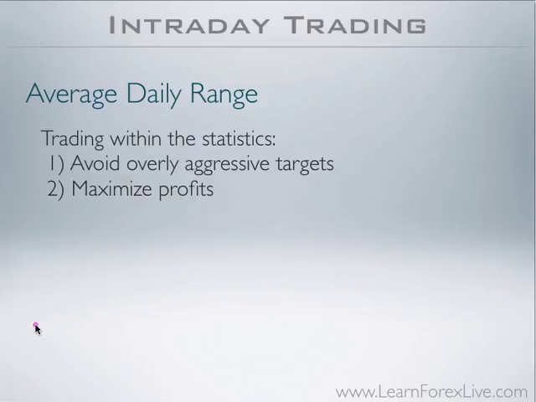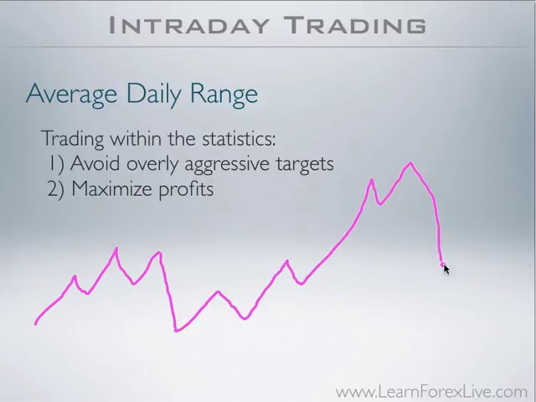What you do is you simply pick the last X amount of days. I personally pick the last 7 days. Some traders prefer to calculate the average daily range based on the last 14 days. Again, my personal recommendation is just to pick the last 7 days. So let's assume this is price movement within the last 7 different trading sessions.